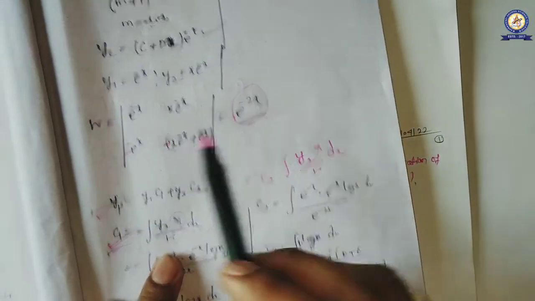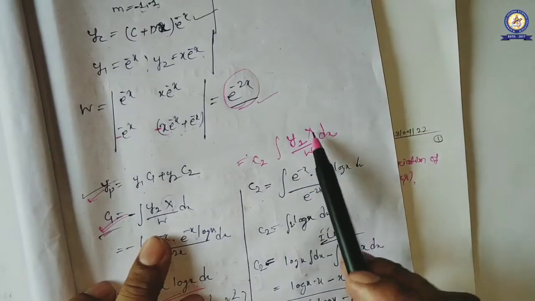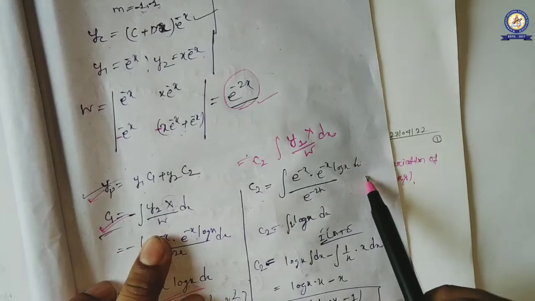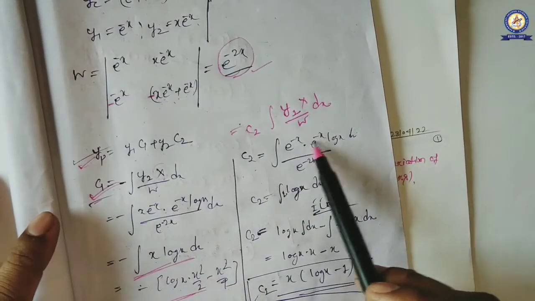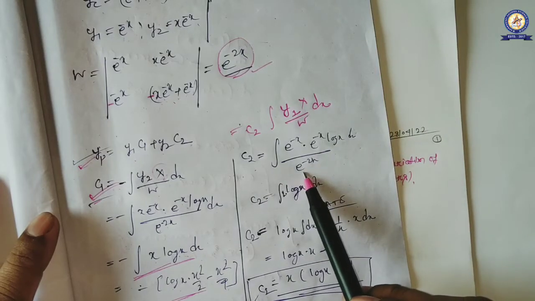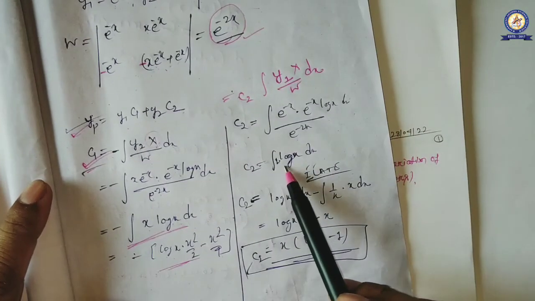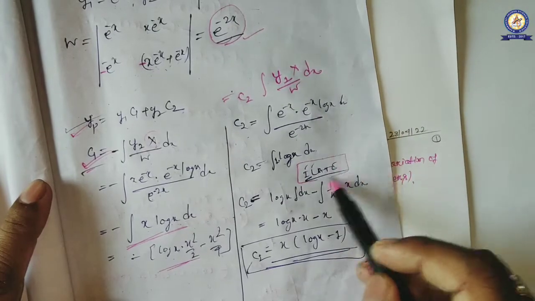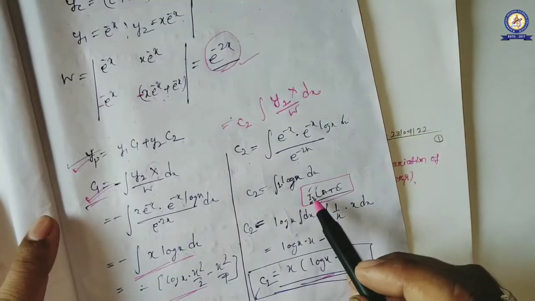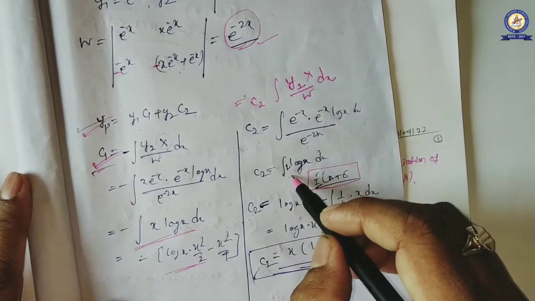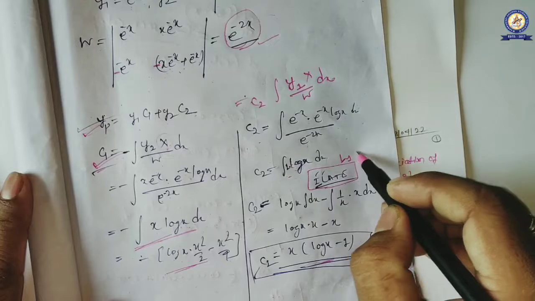So y1 is e to the minus x, and the source function is e to the minus x log x, divided by e to the minus 2x, dx. Here e to the minus 2x in the numerator divided by e to the minus 2x gets cancelled, and we find only log x dx. Now the integration of log x is nothing but this one. How is it? You just integrate log x by using integration by parts.